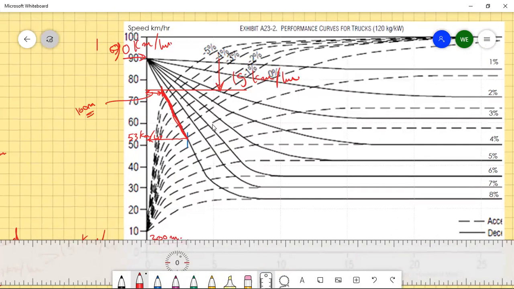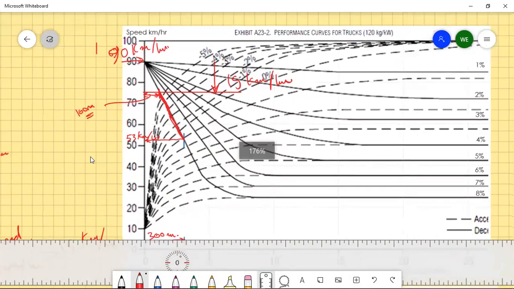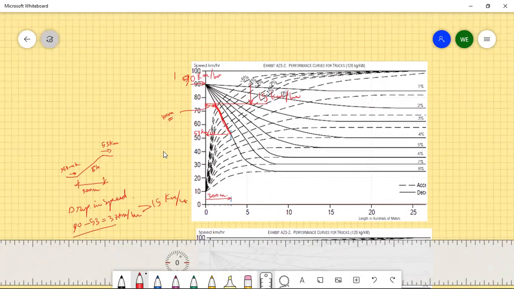That means the start of the climbing lane is going to be here. So the climbing lane will be only in this segment, and it starts here after 100 meters.